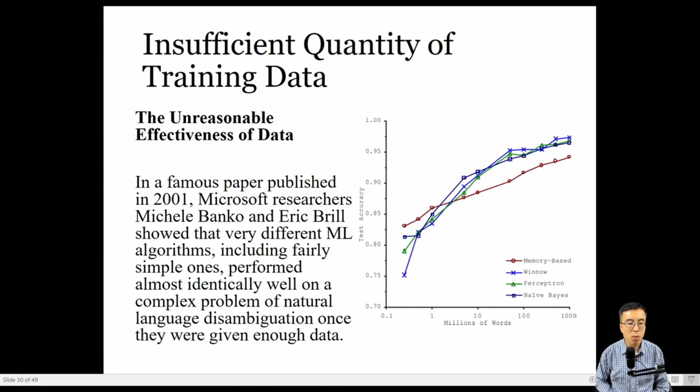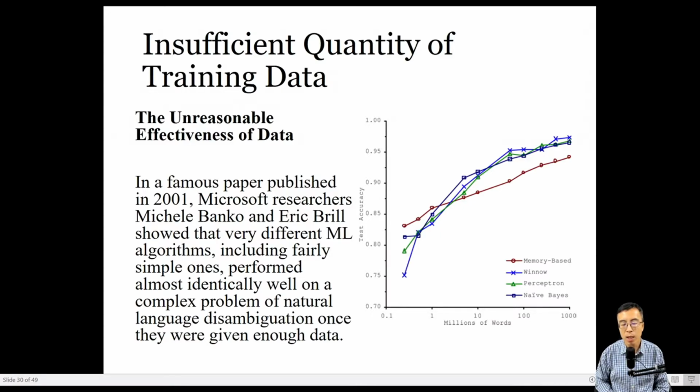In 2001, some Microsoft researchers published a very influential paper called The Unreasonable Effectiveness of Data, in which the researchers showed, very unintuitively, that different machine learning algorithms, including some of the fairly simple ones, performed almost identically well on a complex problem of natural language processing once they were given enough data, as shown in this image.